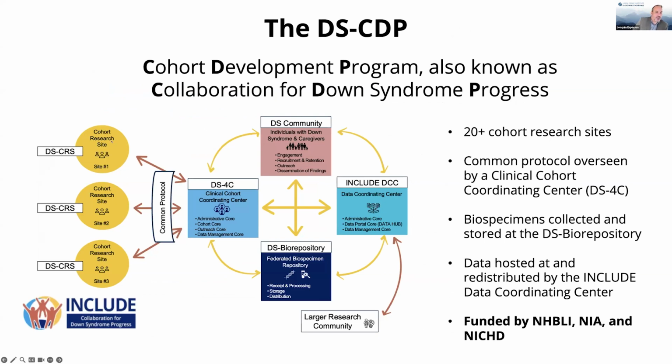So this consists of more than 20 cohort research sites that will be employing a common protocol overseen by the Clinical Cohort Coordinating Center, DS4C, collecting biospecimens that will be deposited and shared through a INCLUDE DS biorepository, and then the data generated from this very large cohort study, probably in the thousands of participants, will be shared through the INCLUDE Data Coordinating Center. This is a large effort supported by funds from NHLBI, NIA, and NICHD.